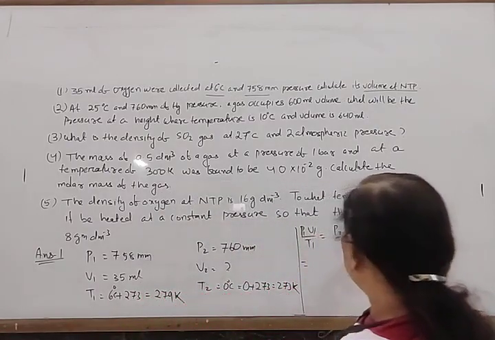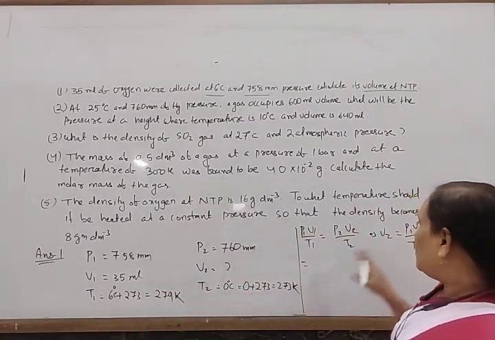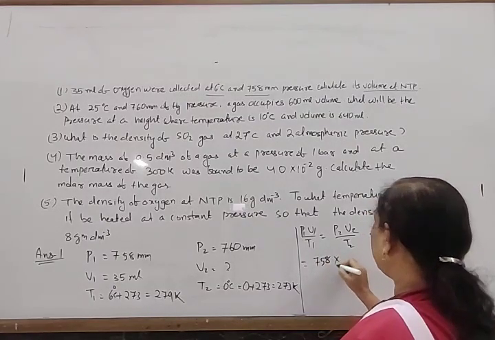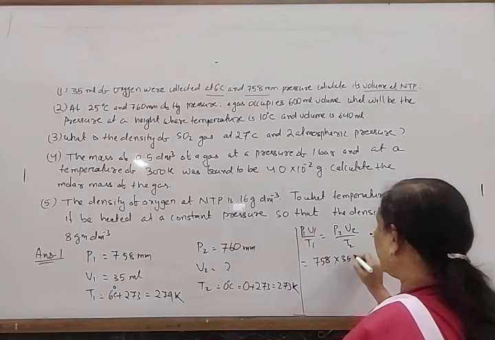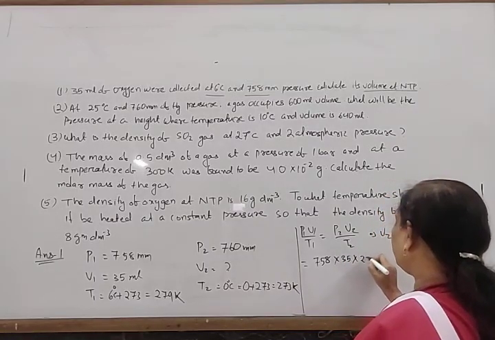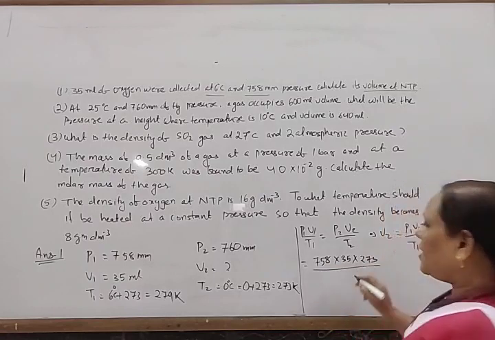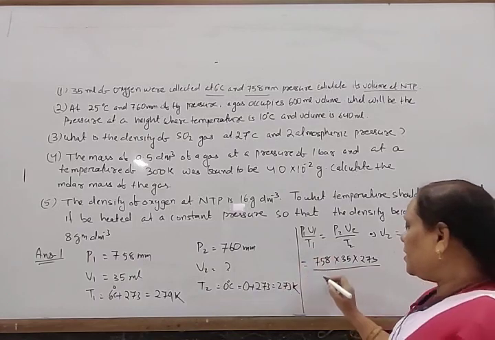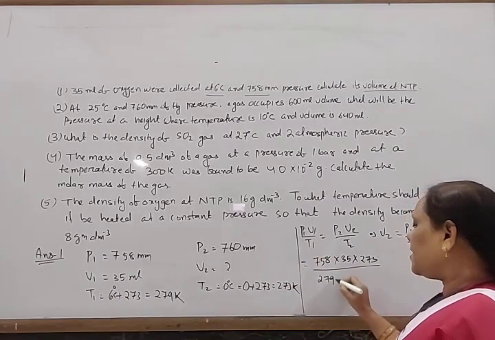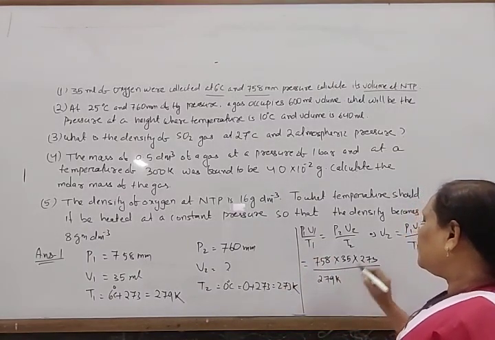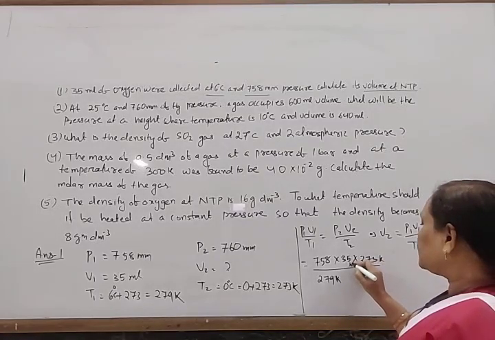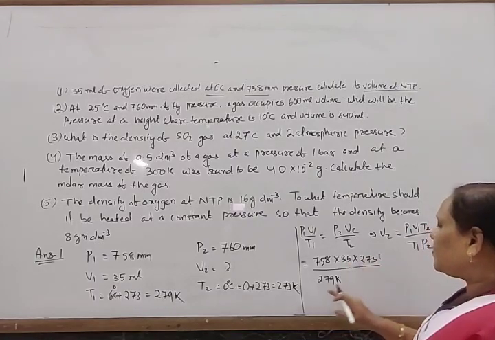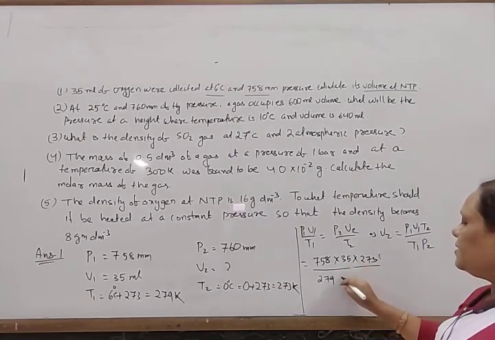Substitute these values: V2 equals P1 that is 758, V1 35, T2 273, divided by T1 that is 279 Kelvin. Write down the units given, ml.